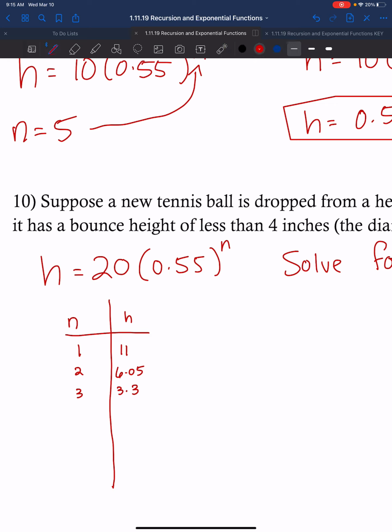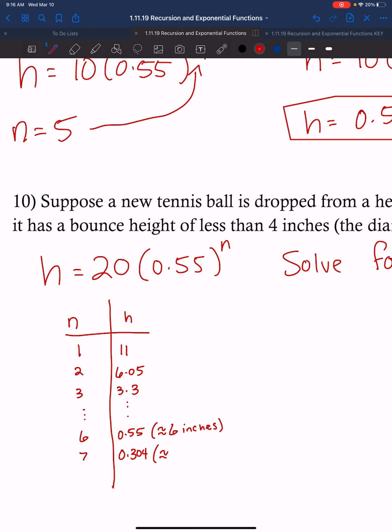So if I were to keep going down this list, I would eventually run into a 6. After 6 bounces, you would have a height of 0.55 meters, which, if you were to convert to inches, is about 6 inches. So we're not quite there yet, but after 7 bounces, you're going to have a height of 0.304 meters.